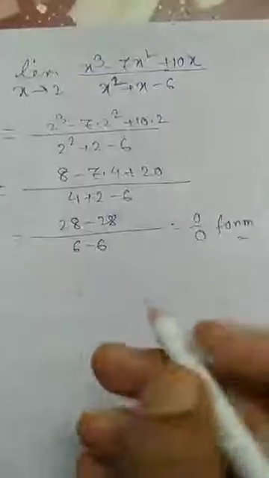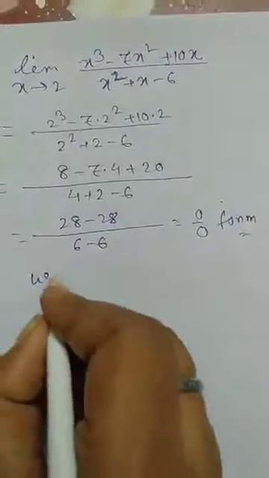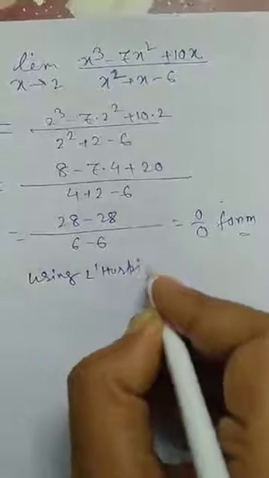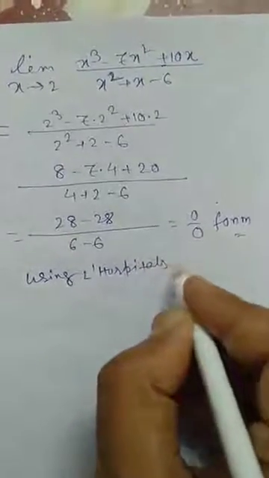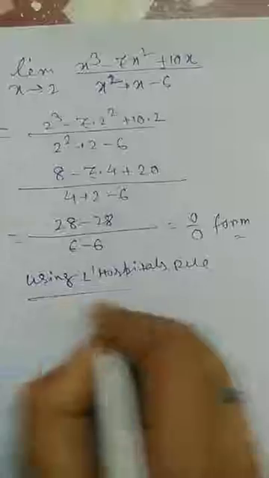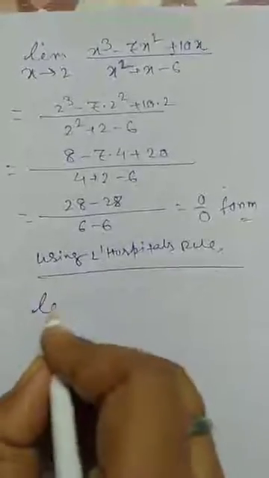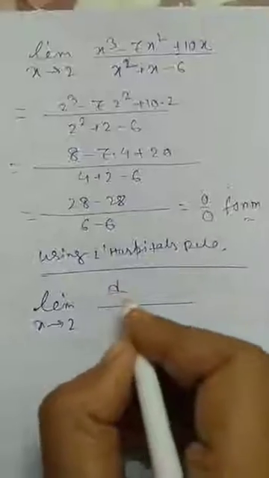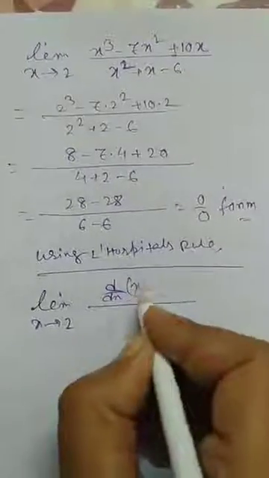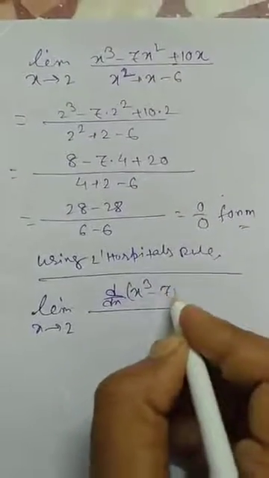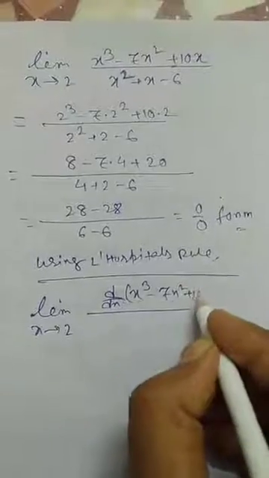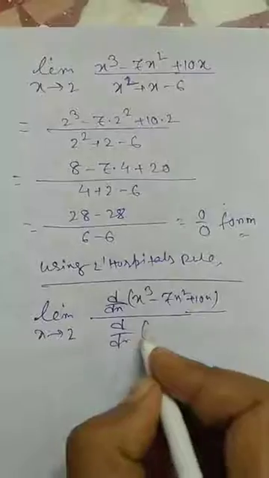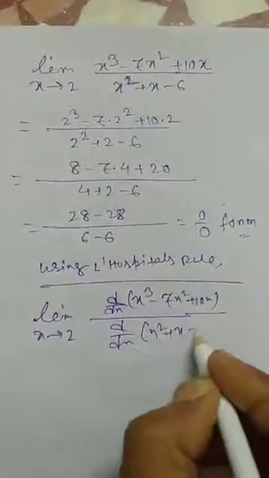Now write that using L'Hospital's rule, limit x tends to 2, derivative of numerator, that means d/dx of x^3 - 7x^2 + 10x by d/dx of x^2 + x - 6.